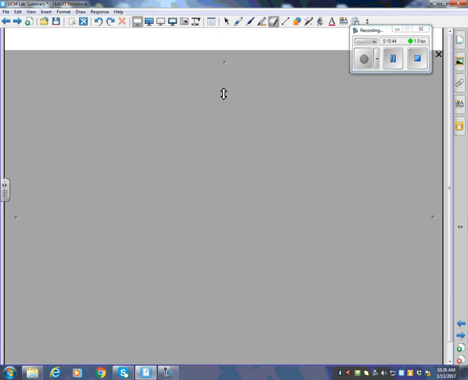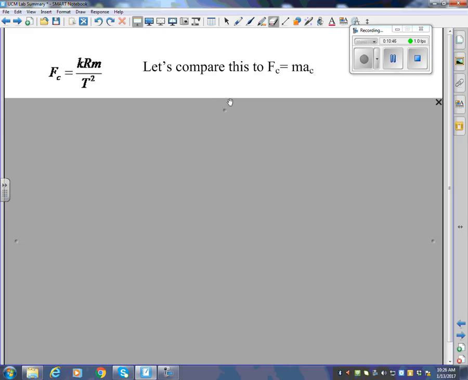We're going to compare this to our very old friend from grade 9, F equals ma. And if F is centripetal force, then the a is centripetal acceleration. So that's all I've done here, right? I've taken Fc, centripetal force, equal to mac. If we compare these two, there's m there. What does that kind of lead you to believe?